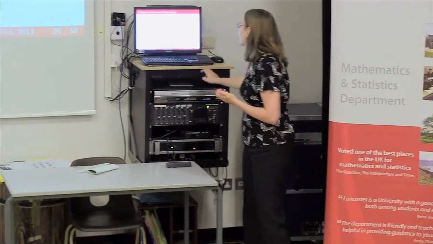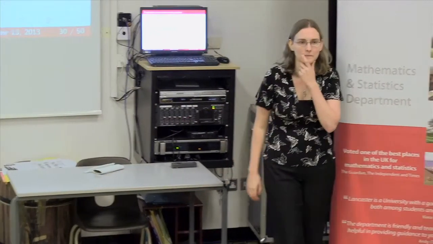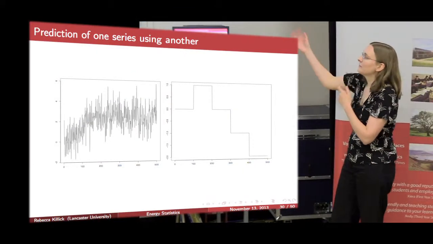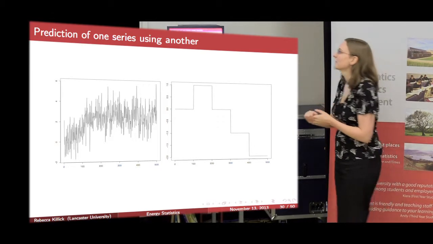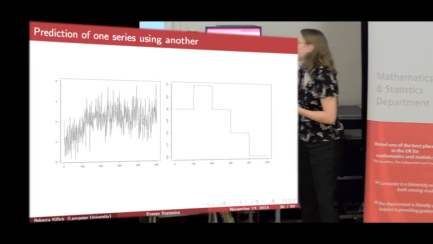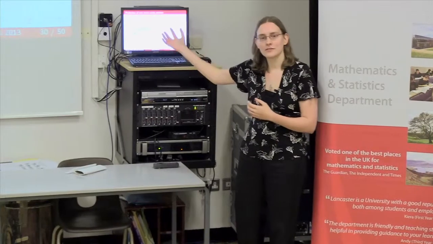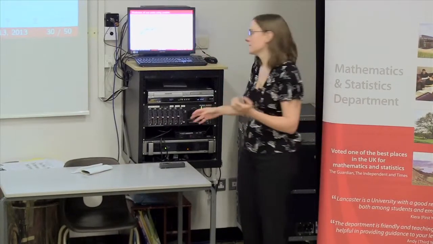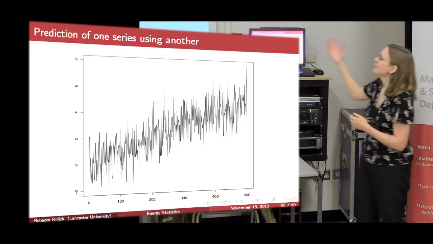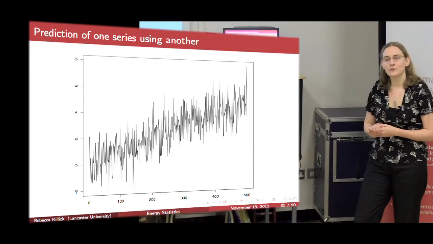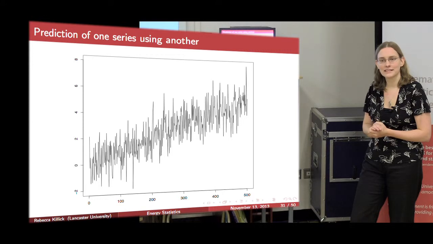But if I actually give you another series, okay, and say this might be related to the series that we've already got, what we can do is we can actually say, okay, well, I know that this is constant, so I can remove that effect. And if we remove that effect, this is what we get. So what do people think? What are we going to predict now?